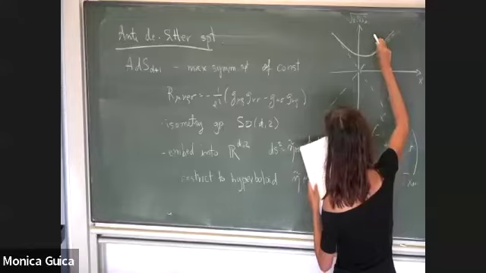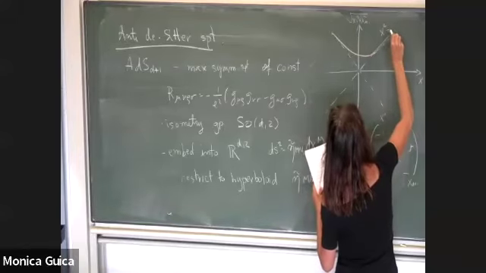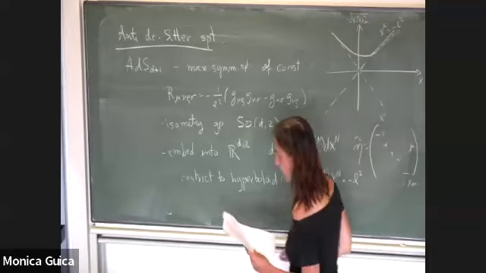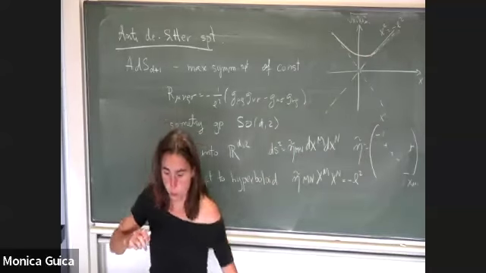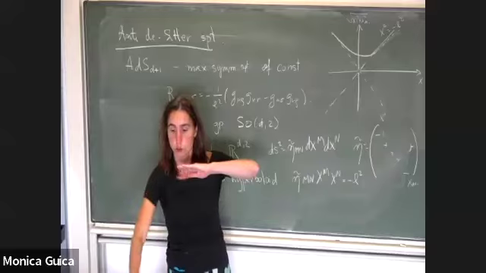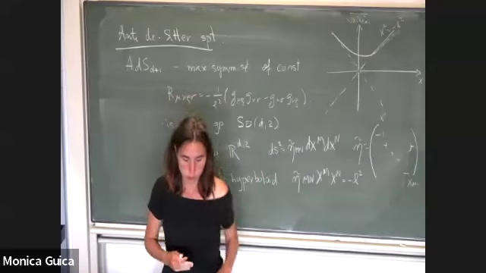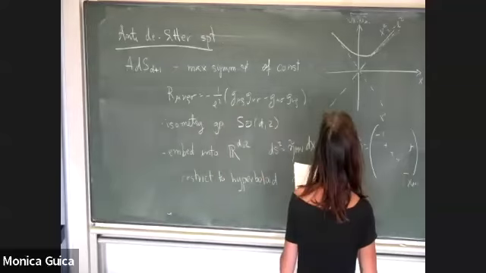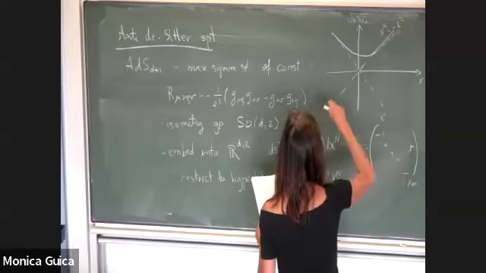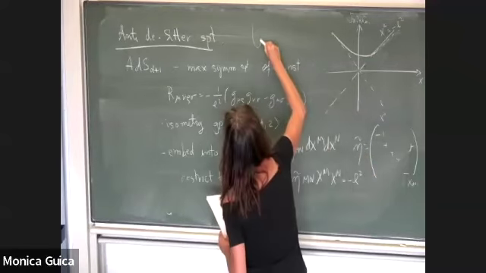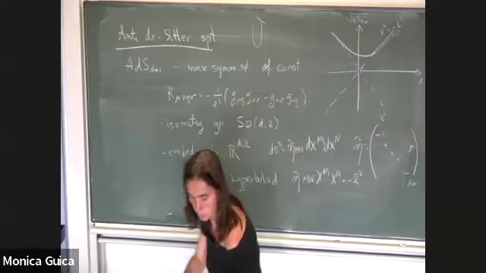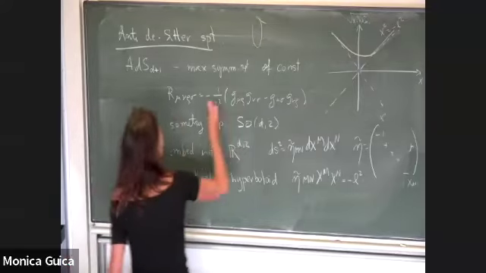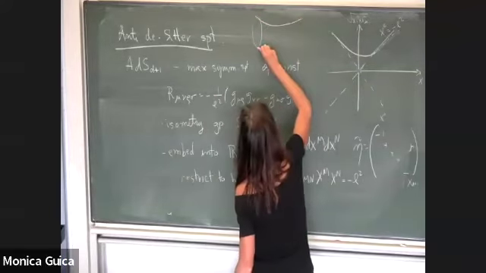Okay, so this is given by x squared equals minus L squared. But because I have 2 times, there's actually a U1 of rotations, so you're really getting something that looks like this.